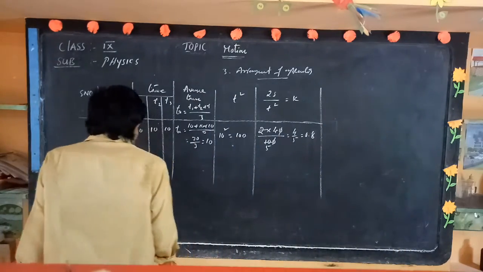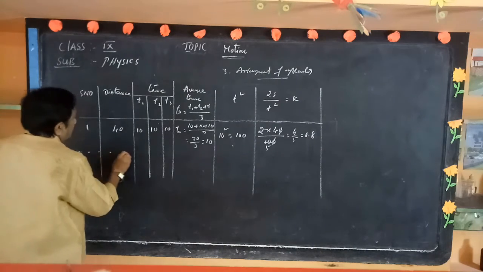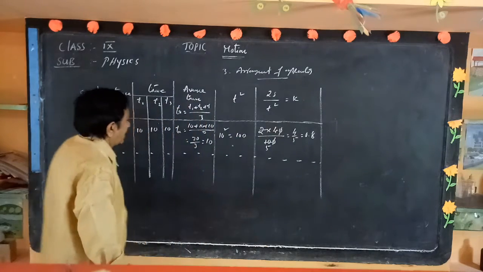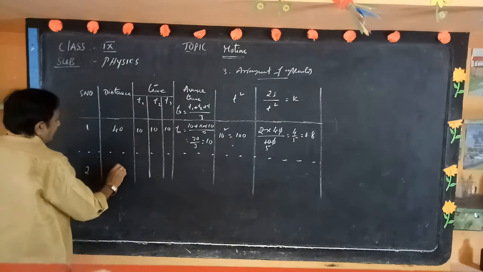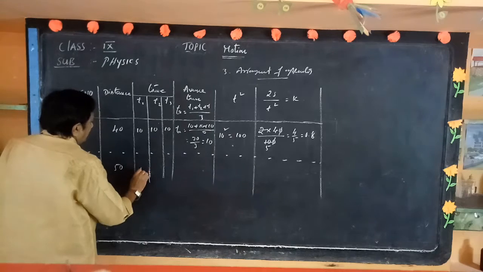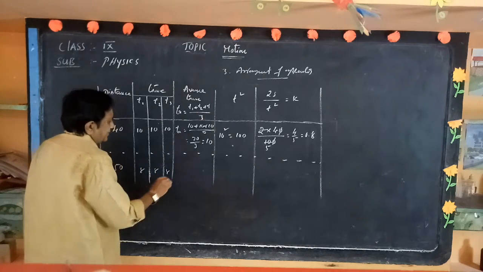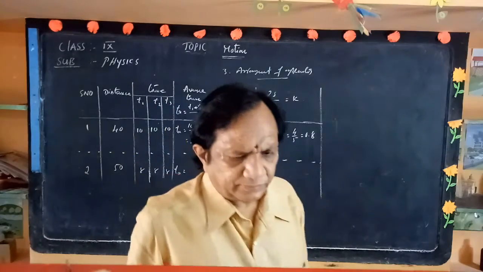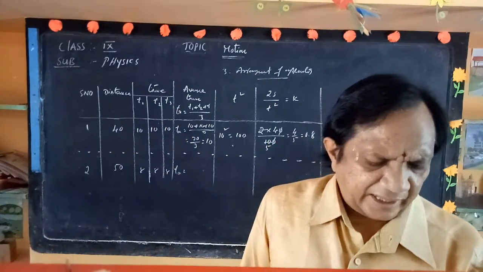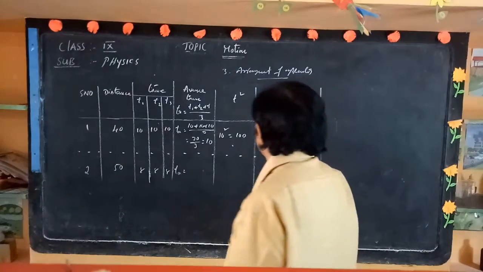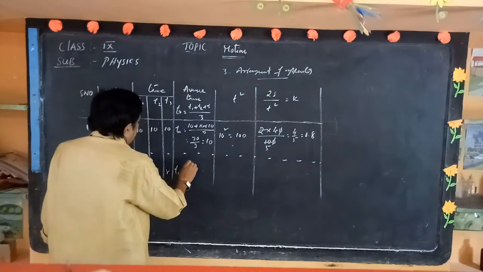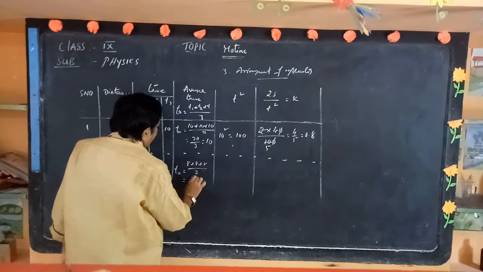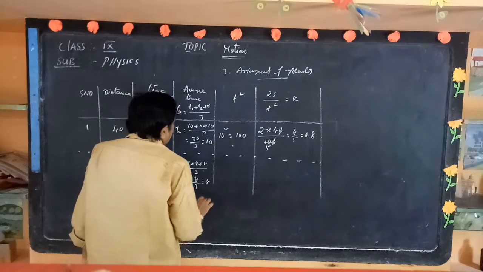Then next, by changing the position, we get another constant value. For 50 centimeters, the time taken will be 8 seconds, 8 seconds, 8 seconds. So the average time is 8 plus 8 plus 8 by 3, that is 24 by 3, equal to 8 seconds.